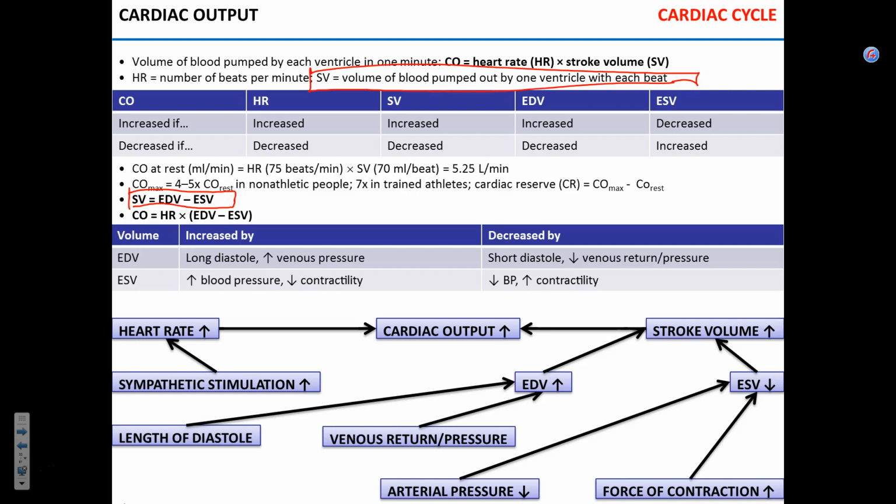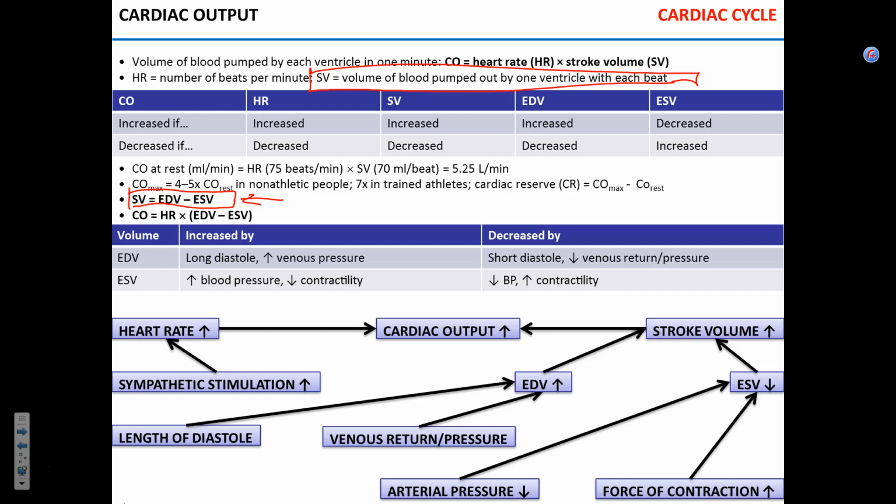Speaking of which, just quick thing. So look at this equation. EDV minus ESV. How can you increase stroke volume? Mathematically. How can you make stroke volume, the amount of blood ejected in the circulation in one beat, how can you make it bigger?